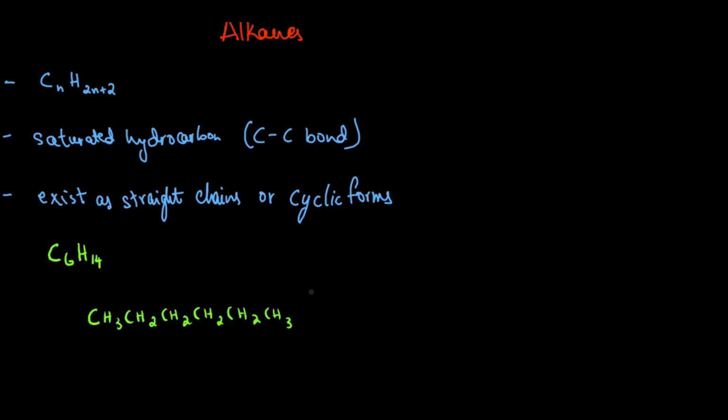This is one way to write it, and this is the straight chain form of it. But another way to write it is in the cyclic form of hexane, and that is going to look like this, right? And cyclohexane is the name given to this. Okay, now these are the basic points about alkanes that we need to know.